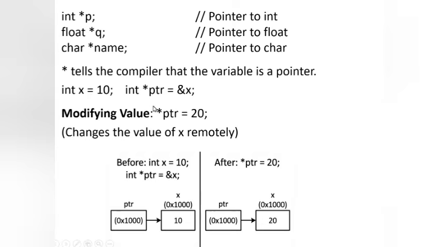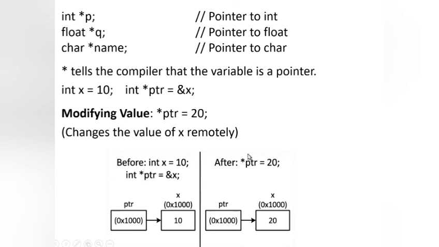I can do *ptr = 20. This star indicates it is a value. So whatever the pointer ptr refers to, go to that location and change the content of x into 20. For example, it is given in the diagram.